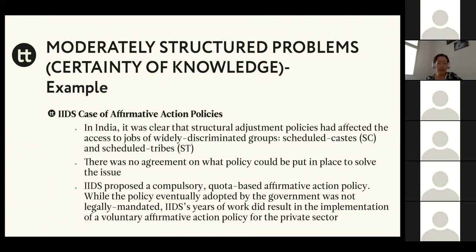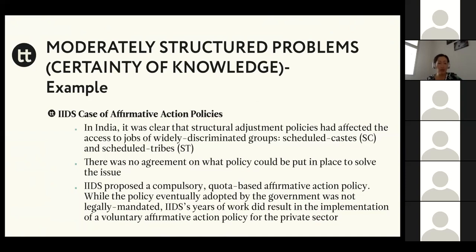But let's see another example that may seem a little bit less controversial than abortion. Here I'm going to share the case of the Indian Institute of Dalit Studies. As you may know, in India, there was traditionally the caste system.